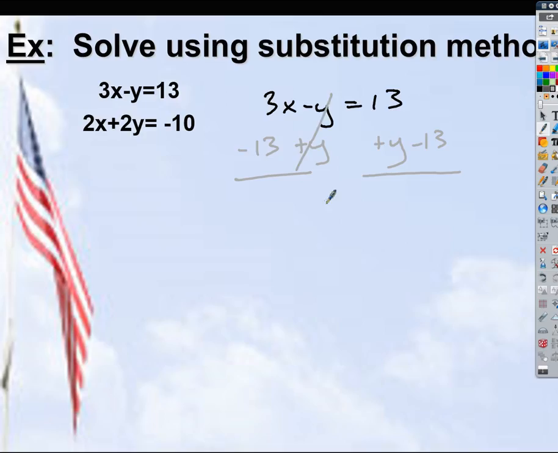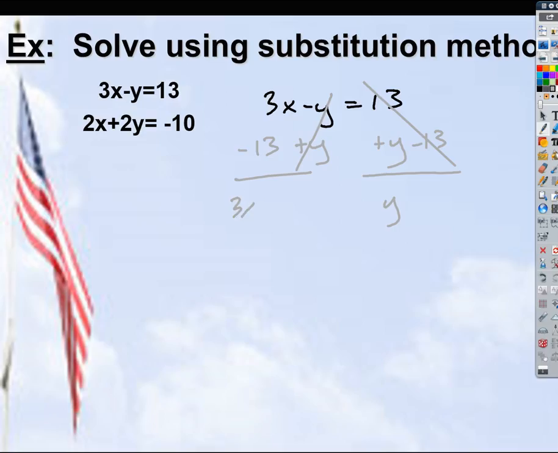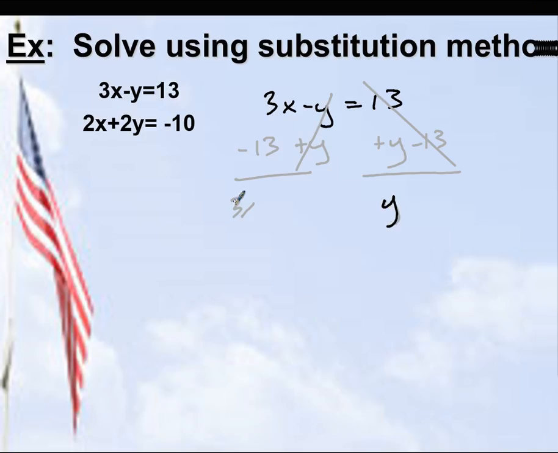Well, the y ends up over here, and the 13s cancel, and I end up with, over here, my 3x that stayed here. The y's went away, minus 13. That make sense?